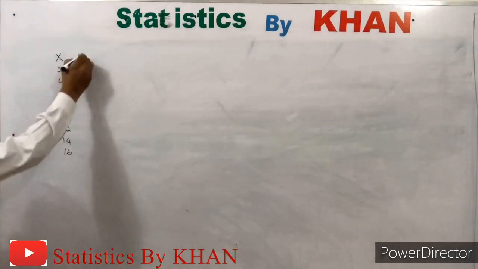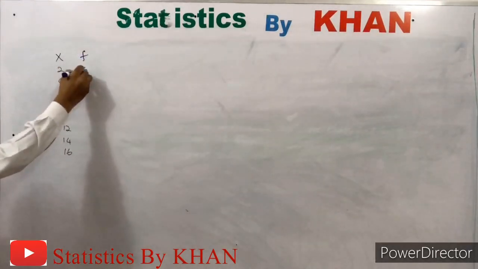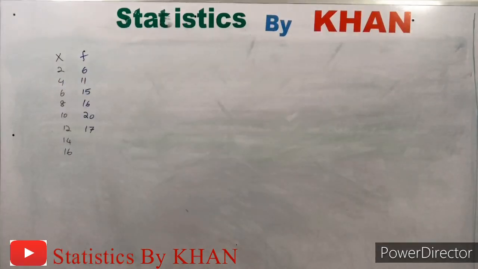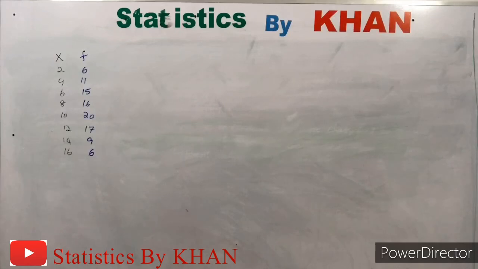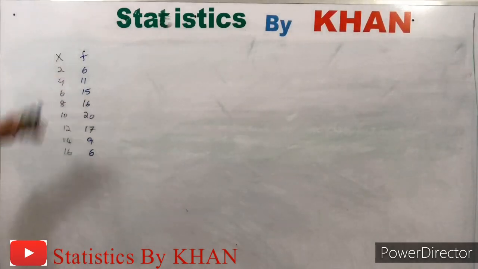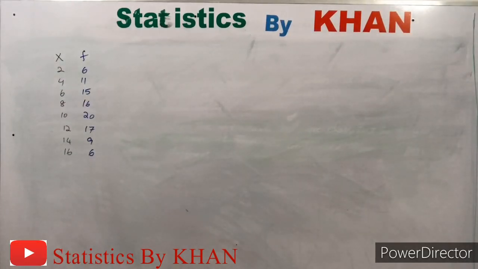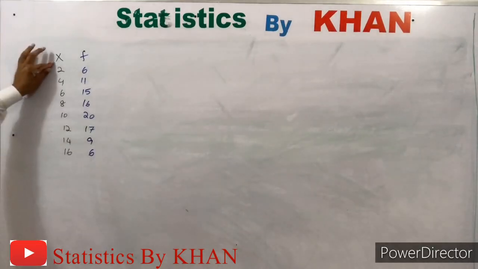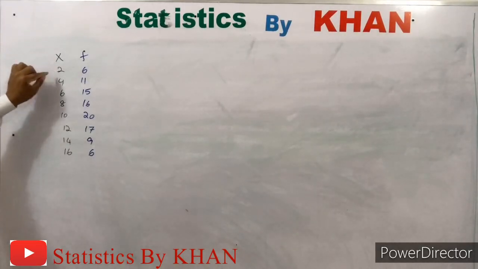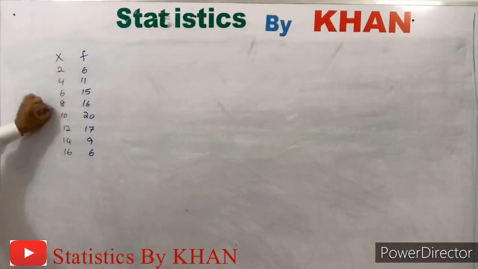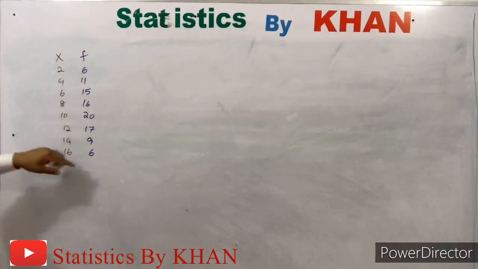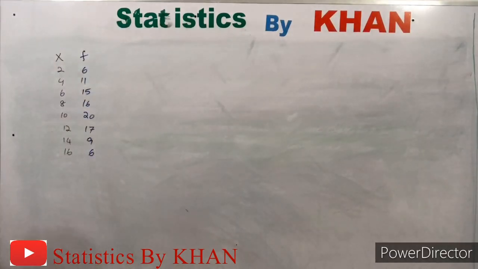The corresponding frequencies are 6, 11, 9, and 6. Now, this is discrete data. Why? Because the variable x contains discrete numbers. So on the basis of these discrete numbers, this data set is called discrete data, as this has already been discussed in very detail in the last lecture.